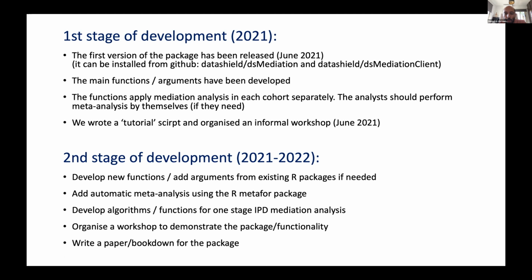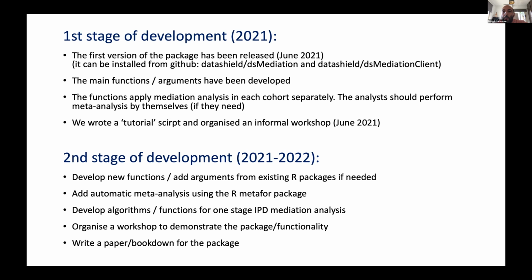In the second stage of development, we want to receive feedback from people who are going to use the package. Based on this feedback, we can add more arguments in the functions. We can also develop new functions from those 3 main native R packages, or new mediation functions coming from the literature.